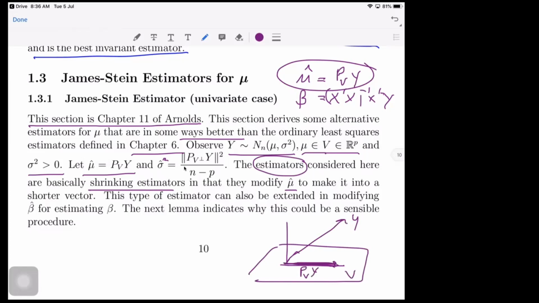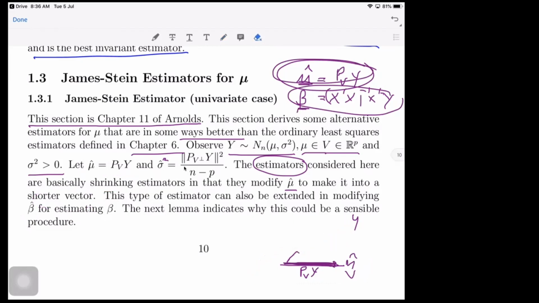What we are doing here is finding another estimator instead of mu hat, which has a shorter vector. This type of estimator can also be extended to modifying your beta hat for estimating beta, but we shall concentrate on this form. Since if you have a mu hat, you can always derive the coordinatized version of the linear model, we will just be dealing here with the coordinate-free version of the linear model.